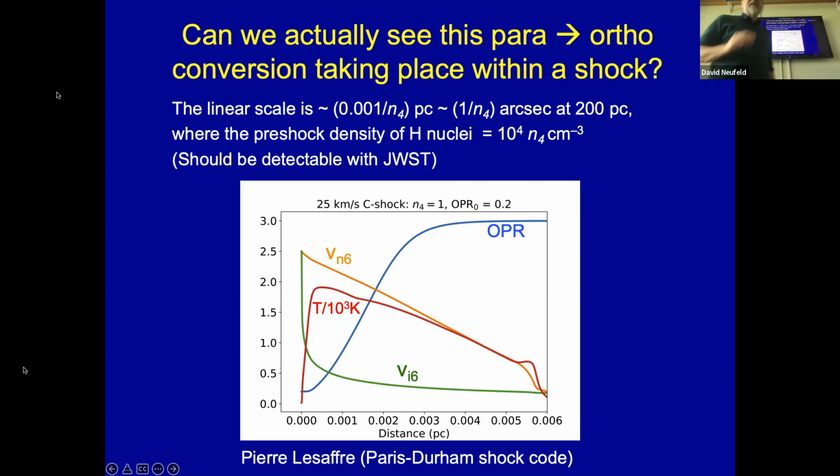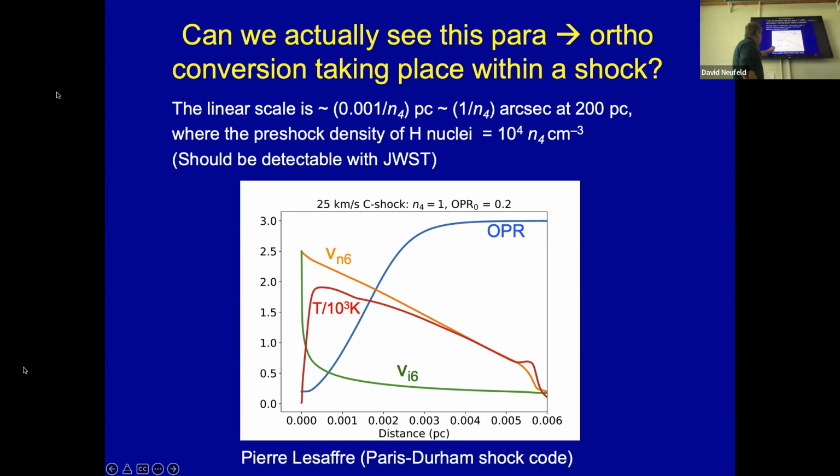If you don't have spatial resolution, perhaps you could see this if you had sufficient spectral resolution. So if you had very high resolution spectroscopy, then you might be able to see a dependence of the ortho-para ratio on the amount by which the gas has been decelerated.